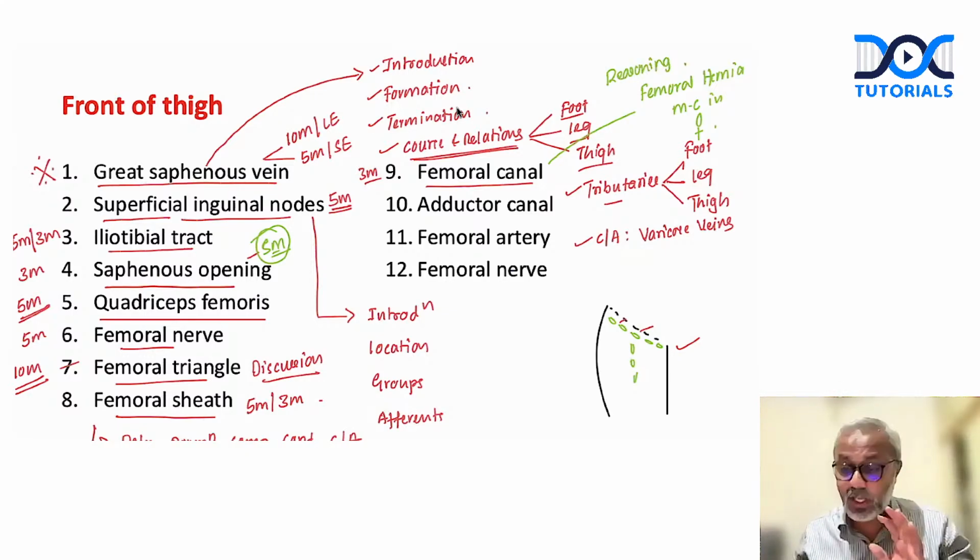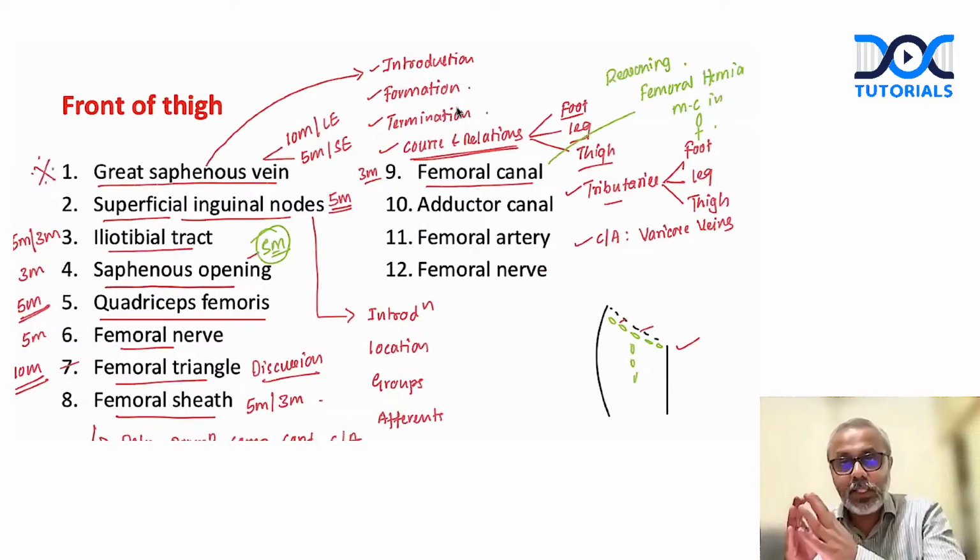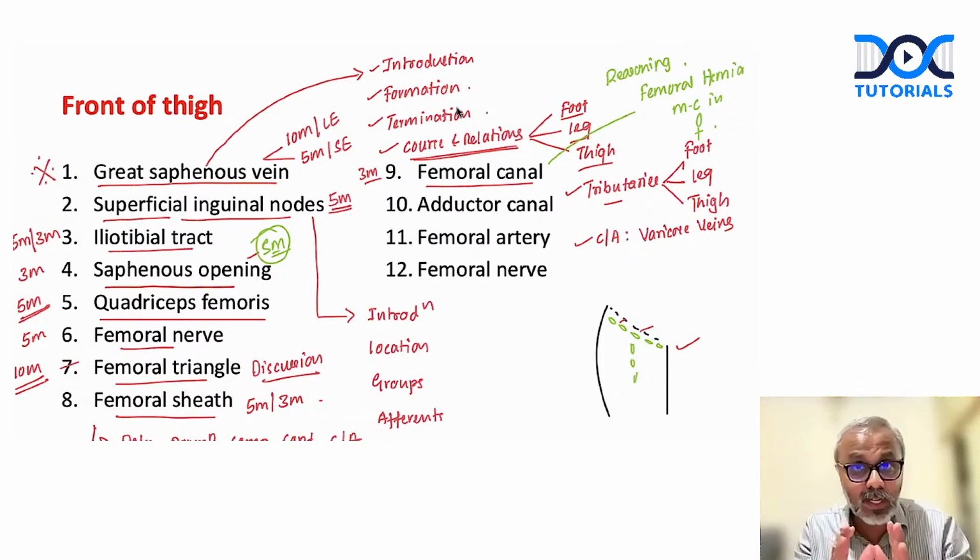Now, what is the anatomical basis behind the occurrence of femoral hernia, which is more common in females? Remember, the wider pelvis and the narrow femoral vessels actually make the femoral canal in females more prone for femoral hernia. So this is one important 3 marker we need to be prepared for. Done? Are we clear?